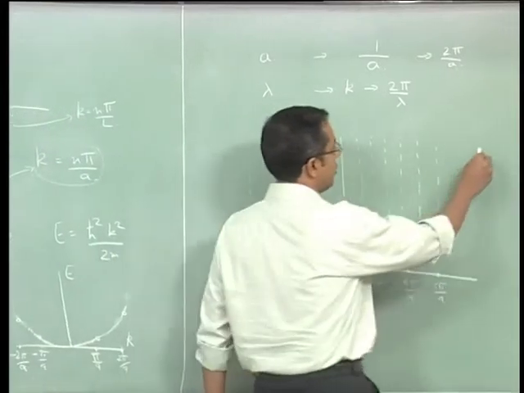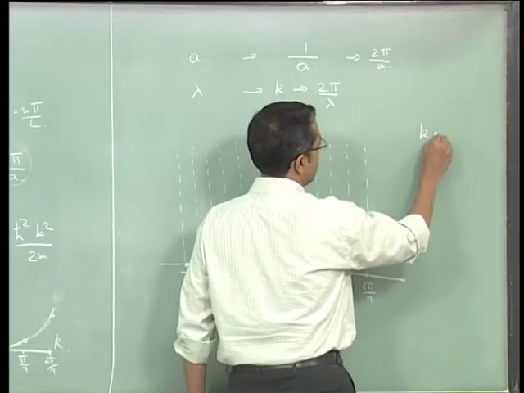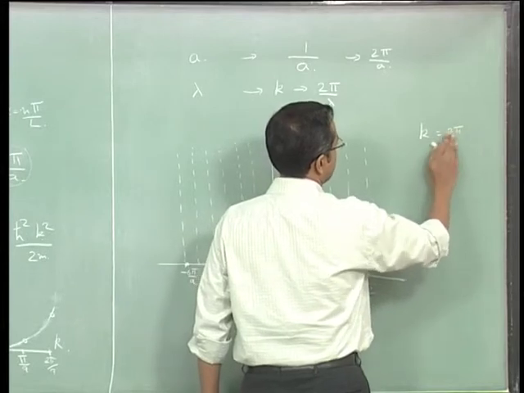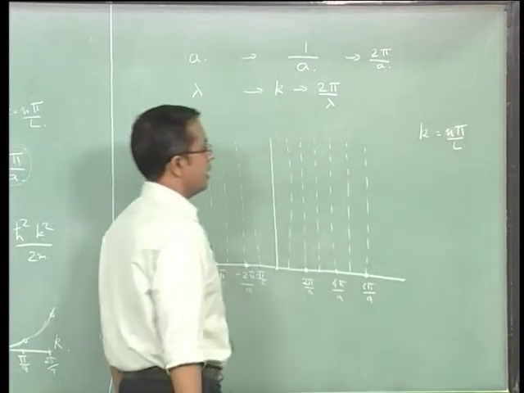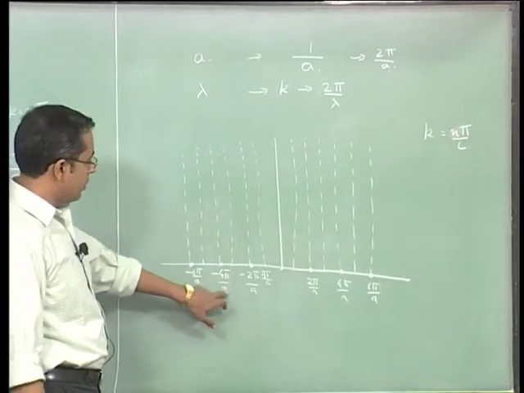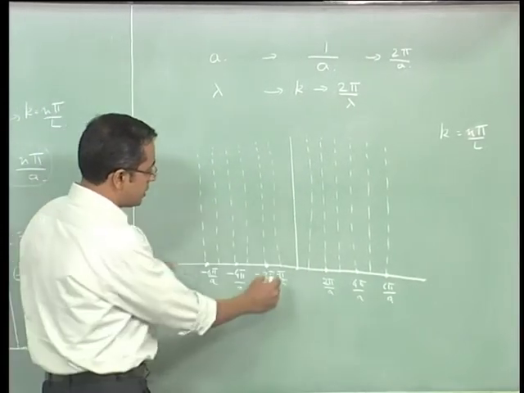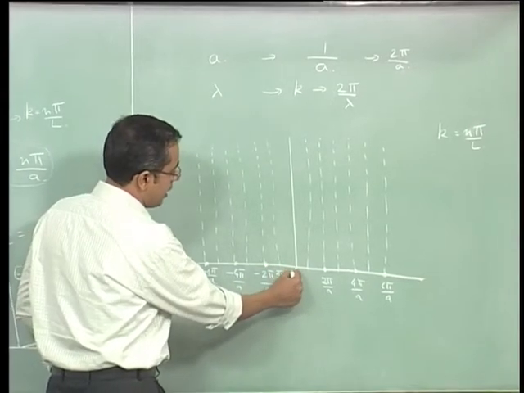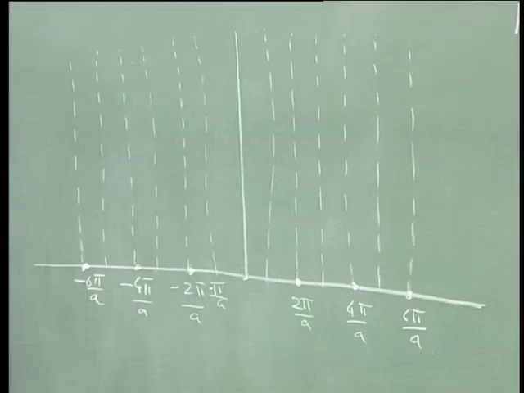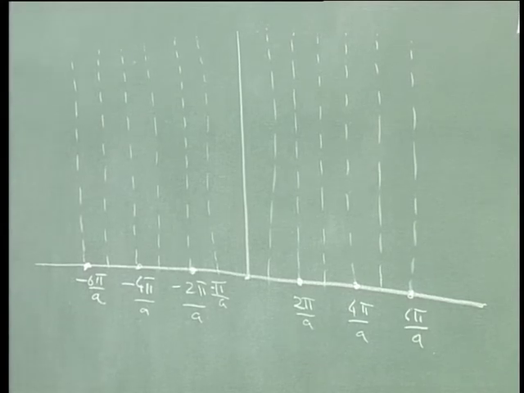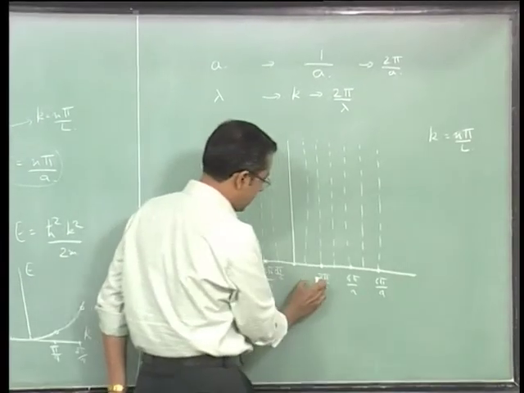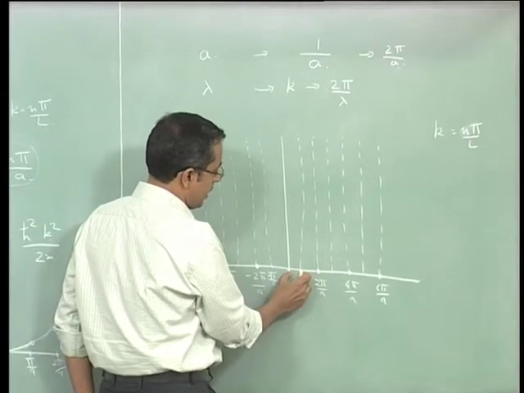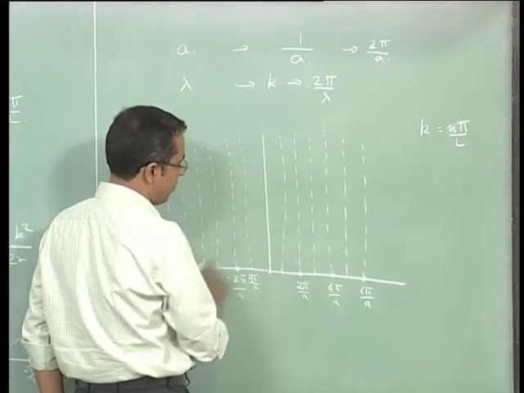The wave vectors allowed for the electron are n pi by L. Drawn to this scale, because L is very large, you will have several values of n pi by L between 0 and pi by A. L is a very large number, A is a very small number, as we just discussed, therefore pi by A is a very large number, which is up to here, and pi by L is a very small number. So you will have several points between this and this.